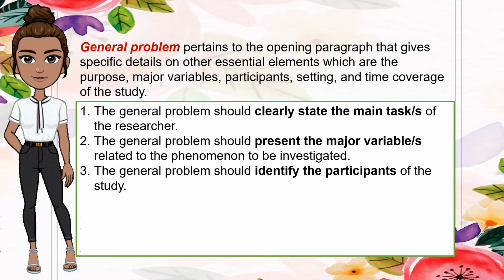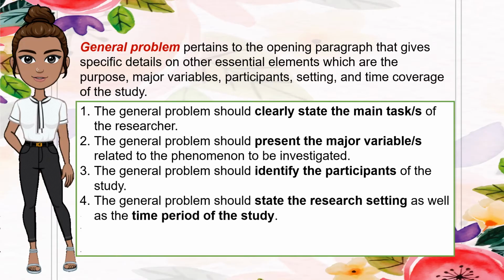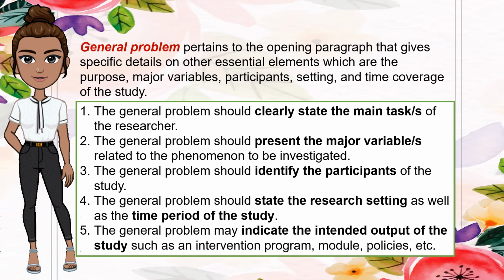The general problem should identify the participants of the study. 4th, the general problem should state the research setting as well as the time period of the study. And 5th, the general problem may indicate the intended output of the study, such as an intervention program, module, policies, etc.